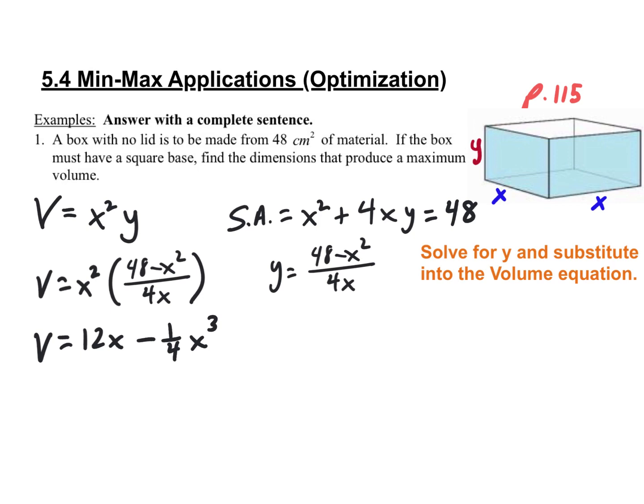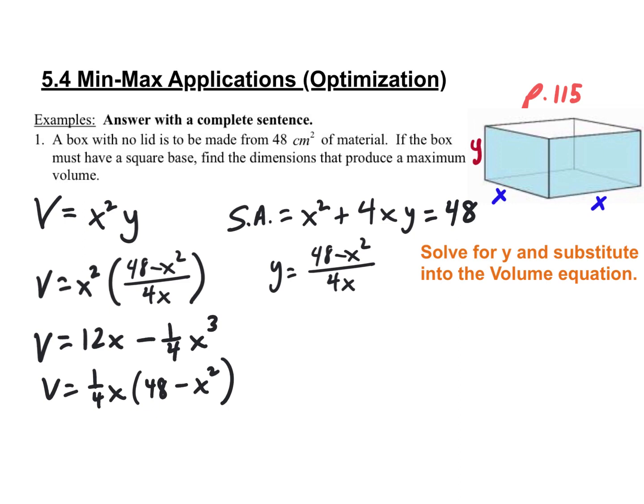Let's take a 1/4 x out, because that fraction is messy, right? So if I take a 1/4 x out, basically dividing 12 by 1/4, what does that give you? 12 divided by 1/4, 48, correct. So we're here.